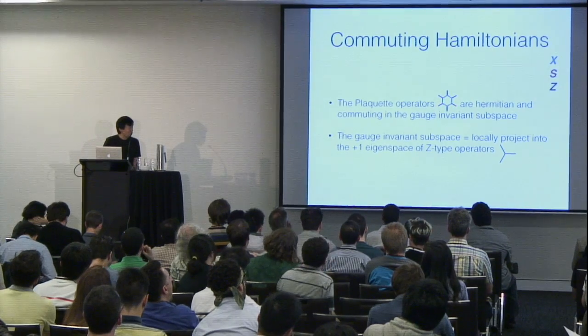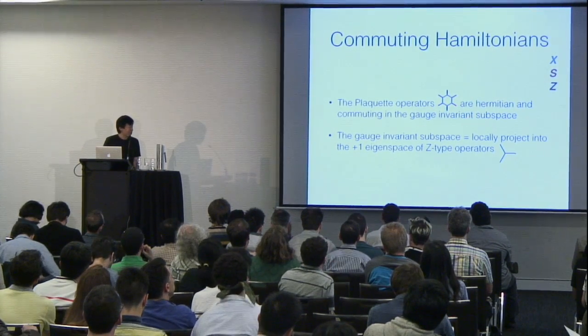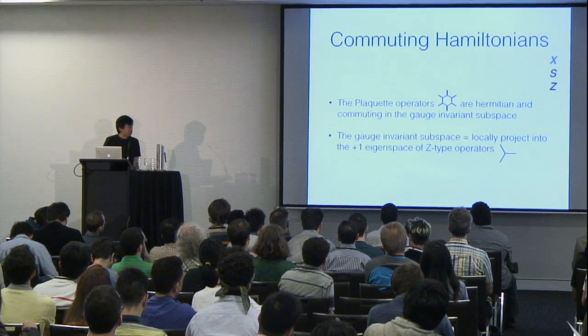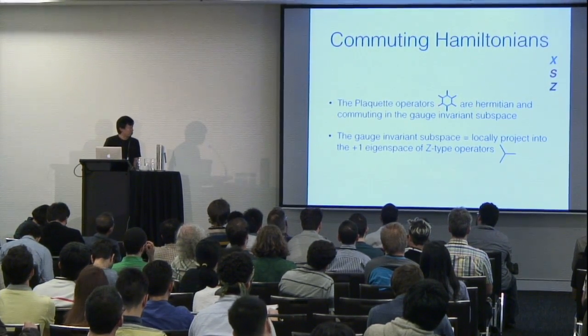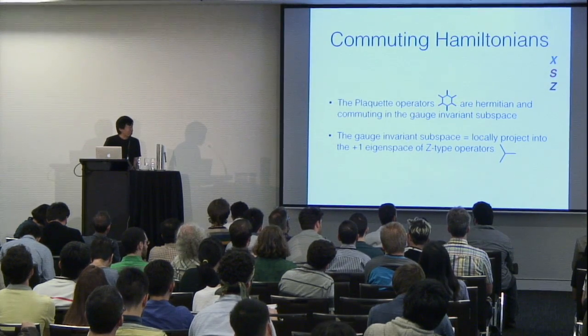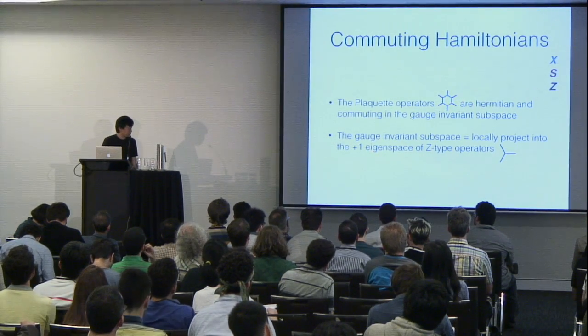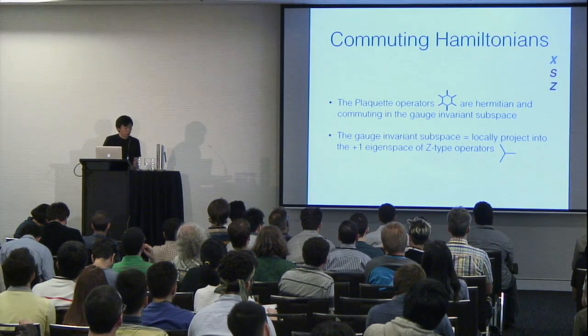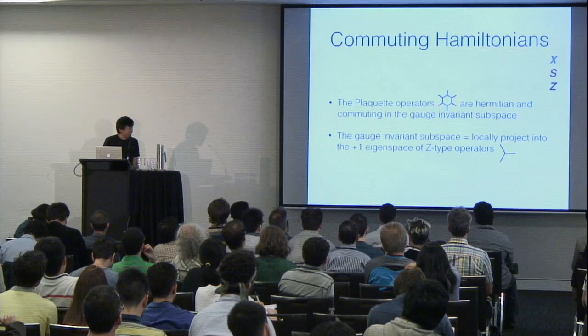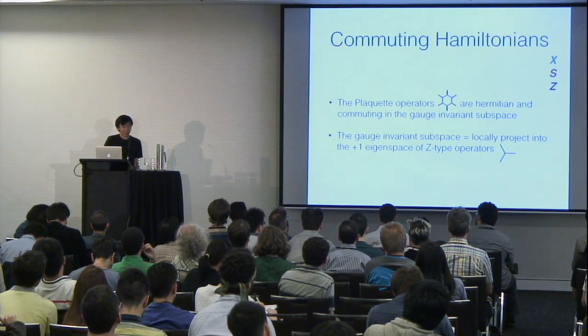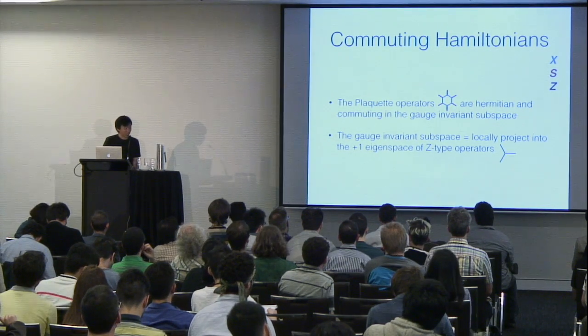So when restricted to the subspace, they are Hermitian. And also the commutator is 1 inside the subspace, so they are also commuting inside of the subspace. If we just project this operator into the gauge invariant subspace, we would get the commuting Hamiltonians we want.